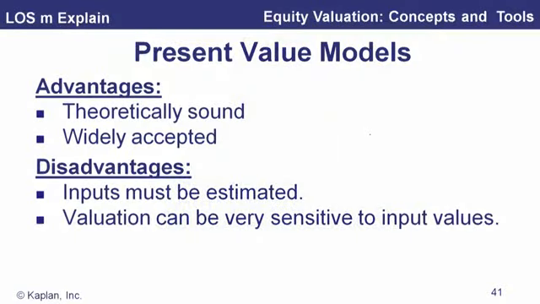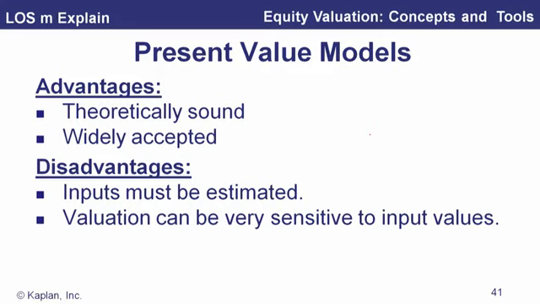So let's compare these models. Present value models, what are the advantages? Well, they're theoretically correct, and they're widely accepted. The disadvantages, the inputs must be estimated. All our future cash flows or all the future dividends forever have to be estimated.